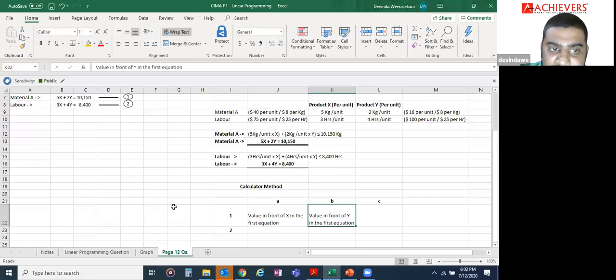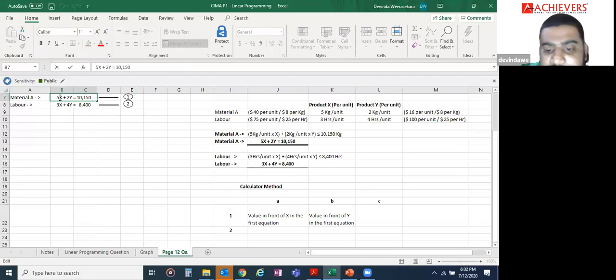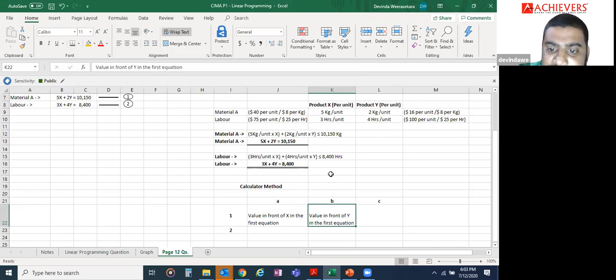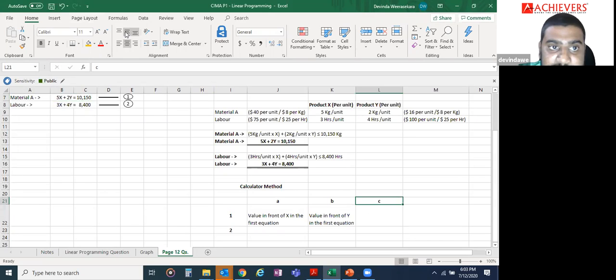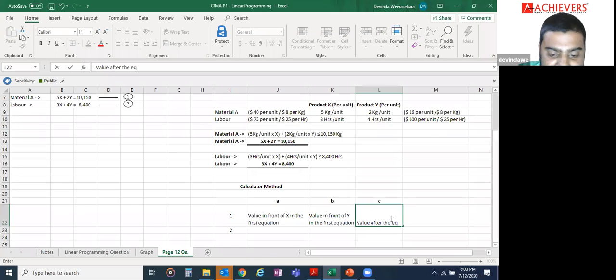Now if we look at A1, how much is A1? This is the first equation, value in front of X is 5. So how much is A1, guys? 5. Then B1, value in front of Y in the first equation is 2, right? Then what is C1? C1 is basically the value after the equal sign in the first equation.